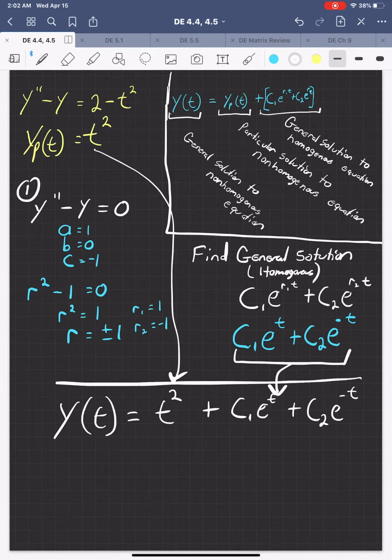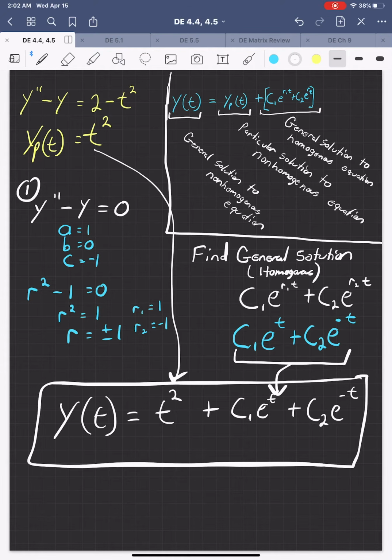All right, and that is the general solution to the non-homogeneous equation, because this is not equal to 0.